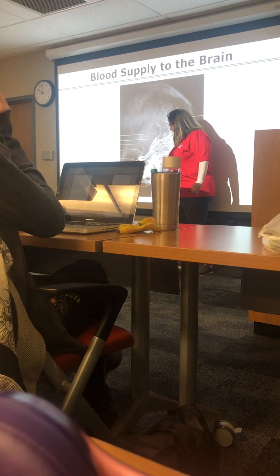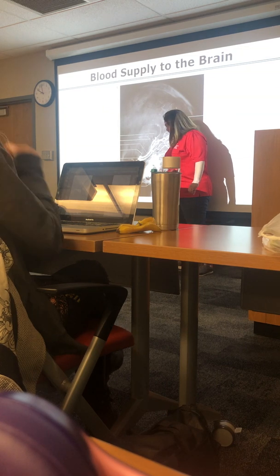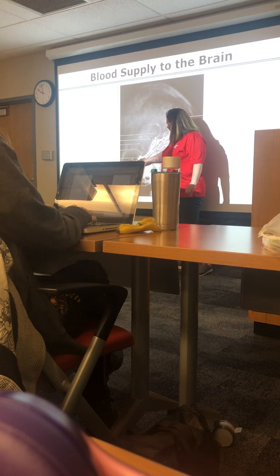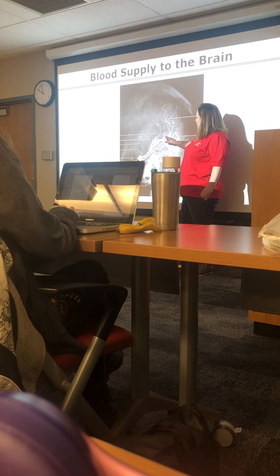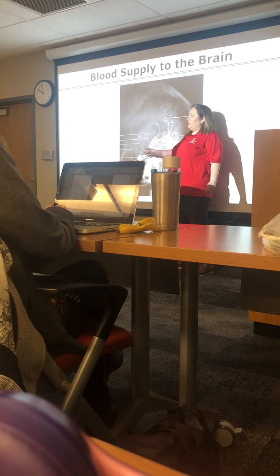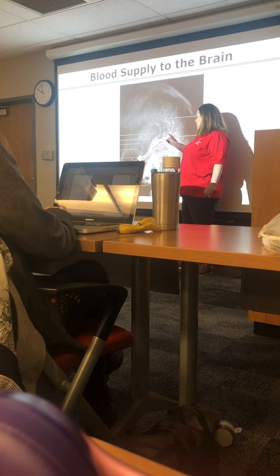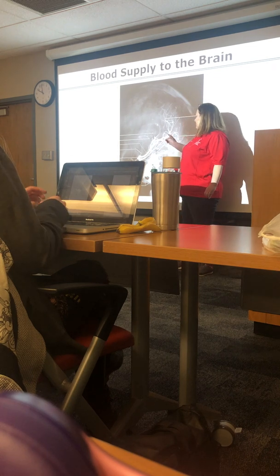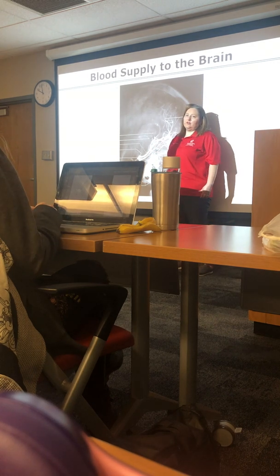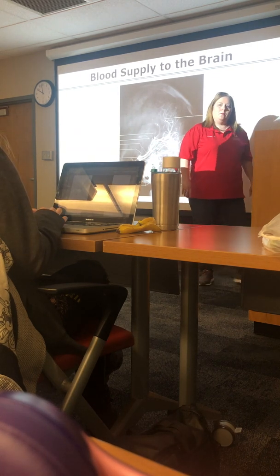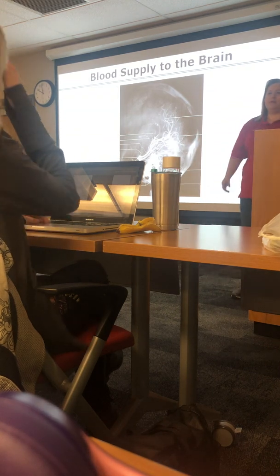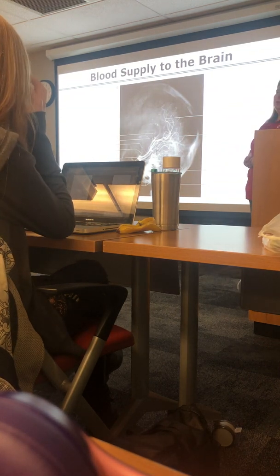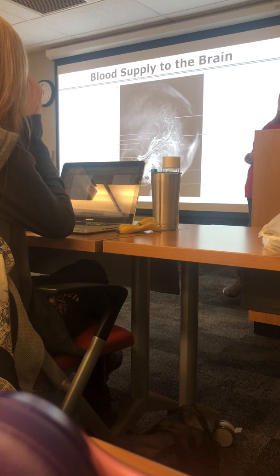So this is going to be the basilar, and then the basilar is going to come up, give off a number of branches, and then it's going to have its terminal branch. And so what is this? What's the terminal branch of the vertebral via the basilar? Is it the anterior, middle, or posterior? Posterior cerebral.